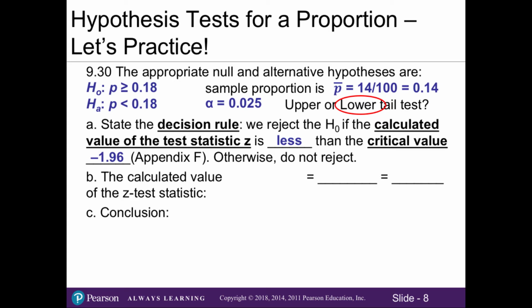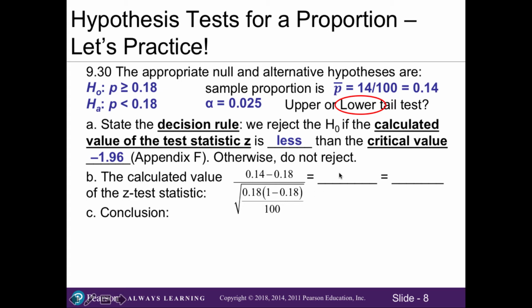Let's go ahead in part B, find our calculated value of the z-test statistic. So here I'm going to take our sample proportion minus our hypothesized population proportion, and then here's our standard error, which is based off of our hypothesized population proportion of 0.18. So I'll plug in my 0.18 where the p's were, and my n here of 100.